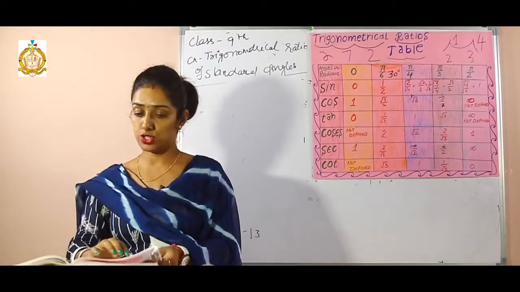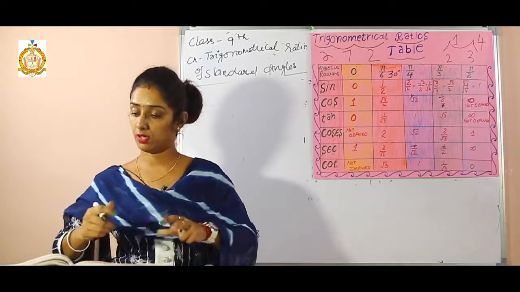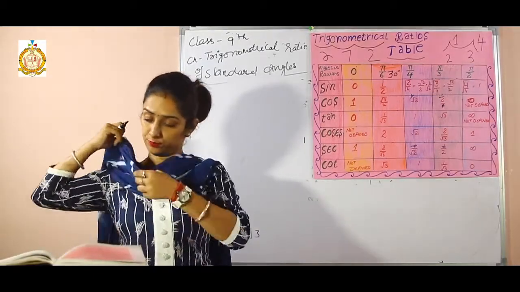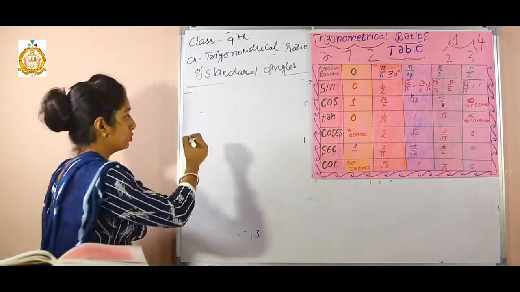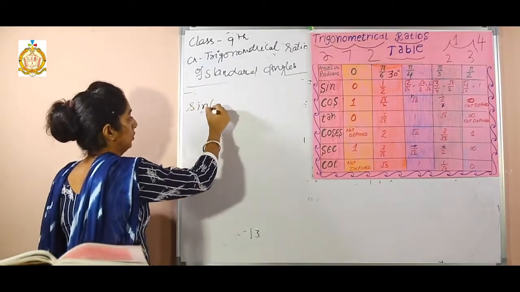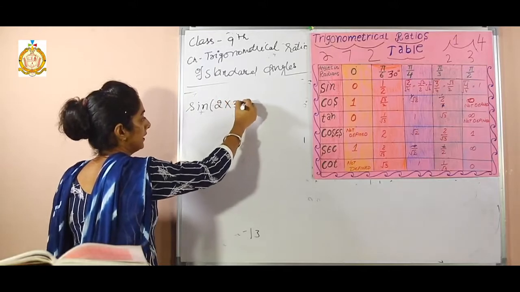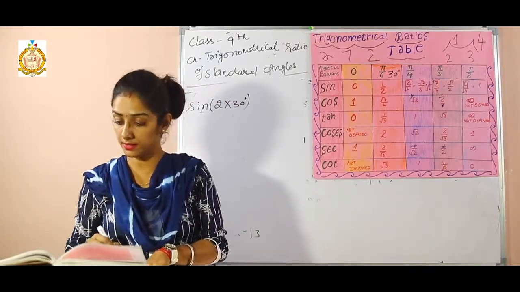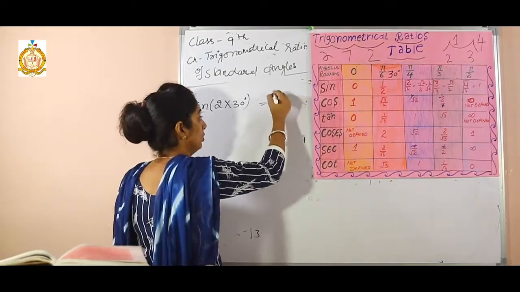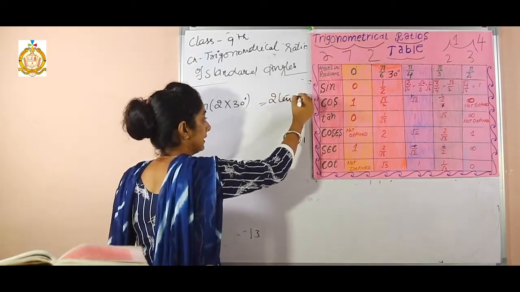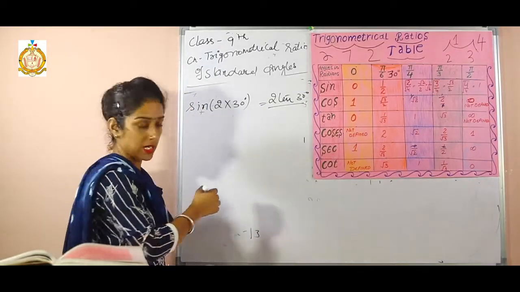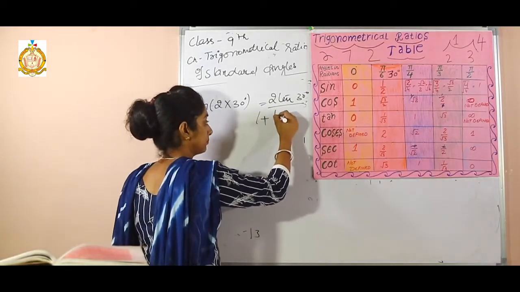See, in the next question: sine 2 multiplied by 30 degree is equal to 2 tan 30 degree over 1 plus tan square 30 degree.